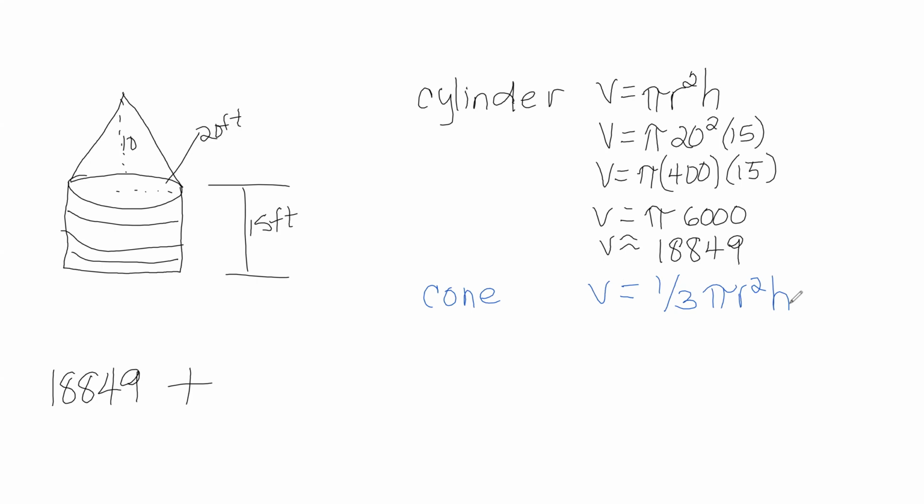So now you already know the radius because it's the same. But what is the height of the cone? The height of the cone is, no. It's 10. Yep. It's 10.